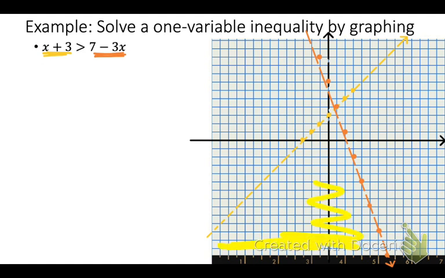Now, I'm going to tell you algebraically how to check this. And I do want you to do it because I think it makes it more solid. Yes, you've done this. This is a review. So we need to pick a point out here, we need to pick a point in here, and to the right.